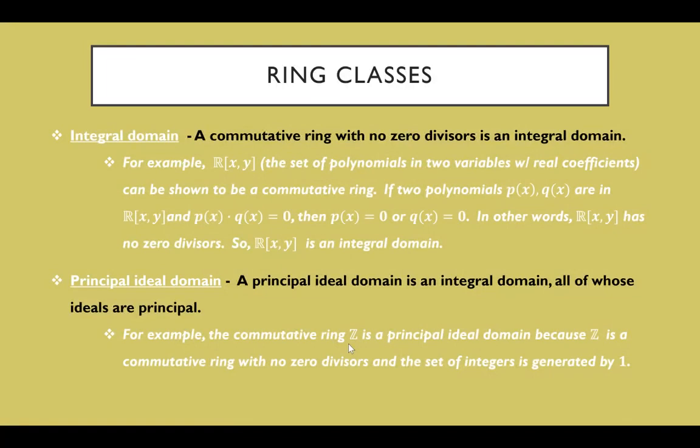This is considered a principal ideal domain. First of all, it satisfies the properties of commutativity in multiplication. It has no zero divisors other than 0 itself. And also, the set of integers can be generated by a single element, 1.